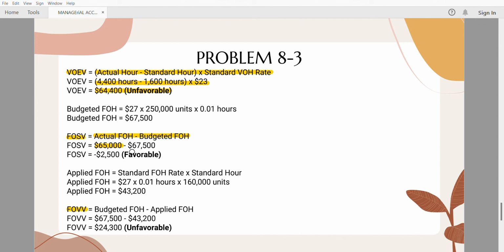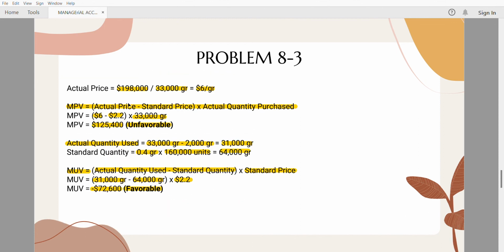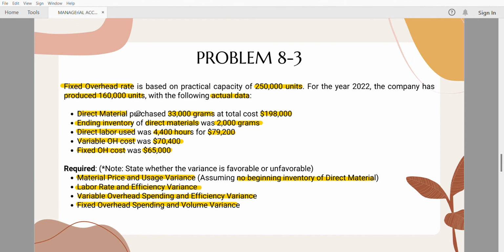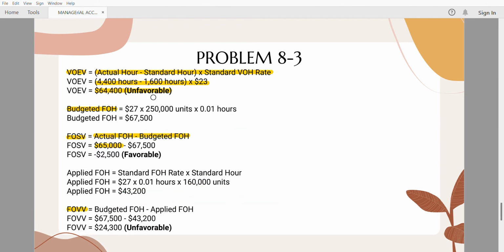For the budgeted, we need to calculate it first. Budgeted FOH is basically what we budget. So we use FOH based on practical capacity. Practical, not the actual, is 250,000 units. That's why we put in 250,000 units.